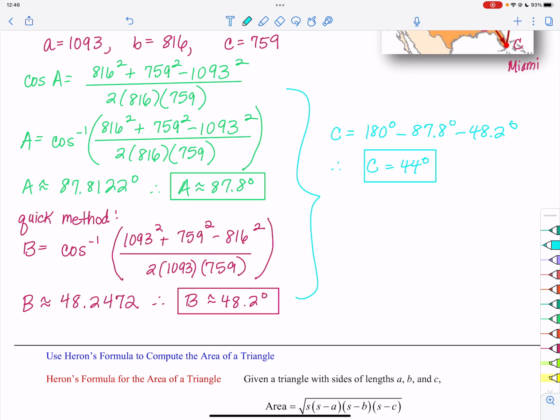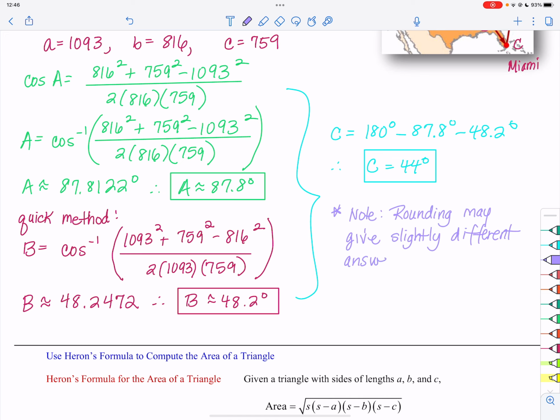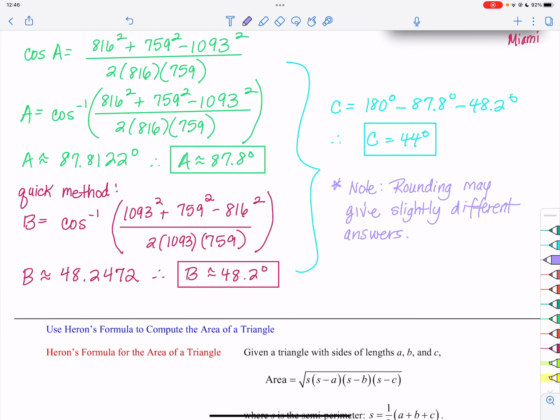Now, keep in mind, note, rounding may give slightly different answers. So keep in mind about that.